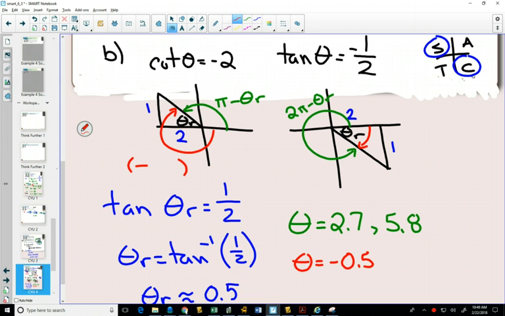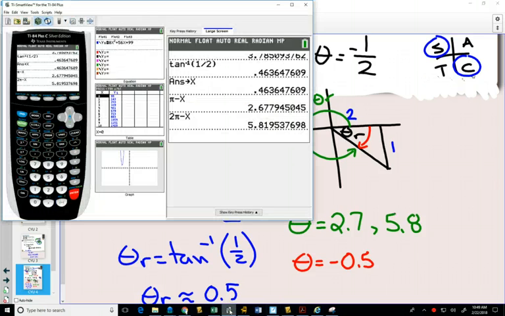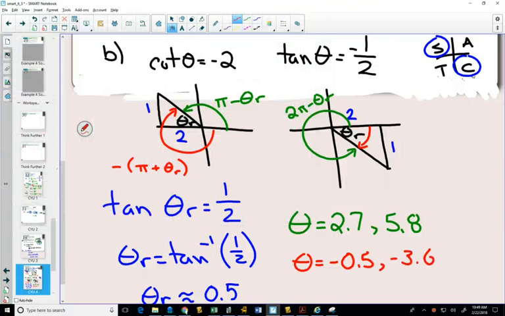In radians, I would go pi plus my reference angle, and whatever answer I get, I'll make it negative. So I'll go to my calculator, pi plus x, 3.6. So I get negative 3.6.